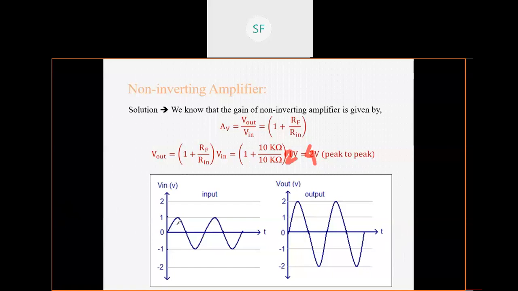This was the input waveform, 2 volt peak to peak, with a positive half cycle and a negative half cycle. The output is the same: for the positive half cycle it will be a positive half cycle only. The difference will be its peak. It will now be 2 volt, and the negative peak will appear at minus 2 volt. Is it clear?